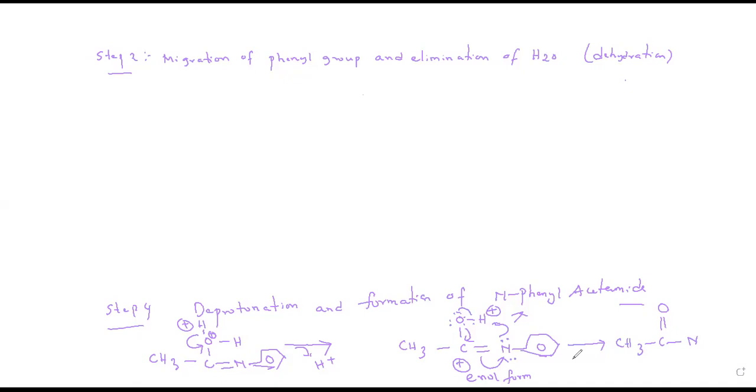So when this pi bond is migrated towards nitrogen, it will get another extra lone pair of electron. This extra lone pair of electron, it will donate for this H plus to form NH, followed by the phenyl ring. So this is the keto form of N-phenyl acetamide. This is the mechanism for your Beckmann rearrangement process. Thank you.